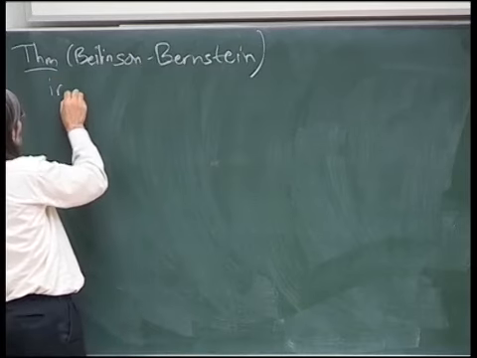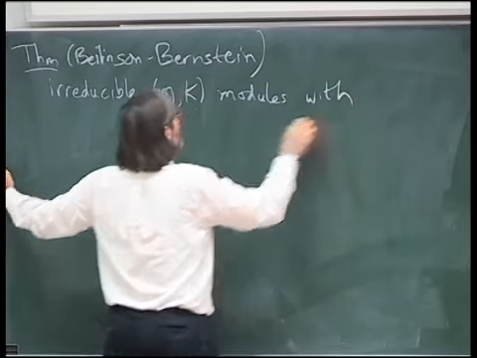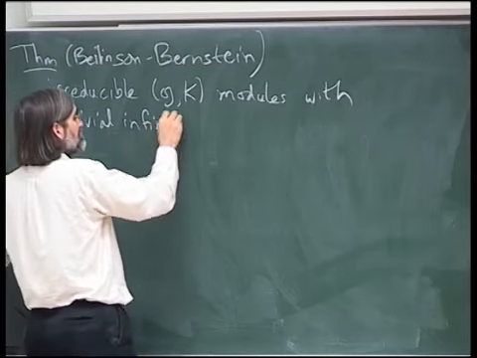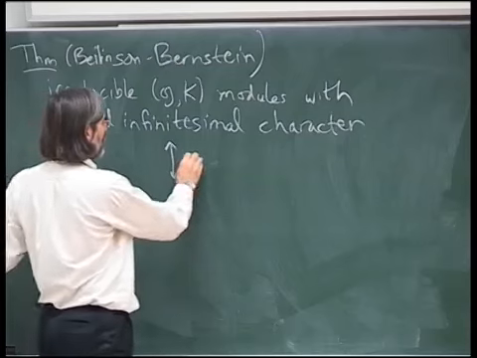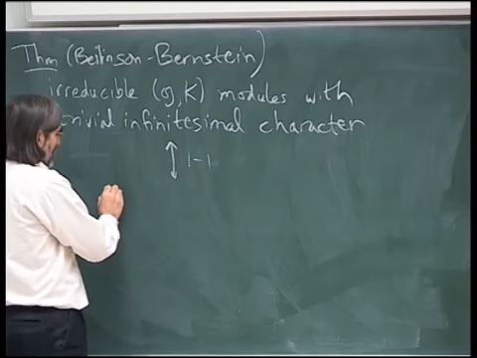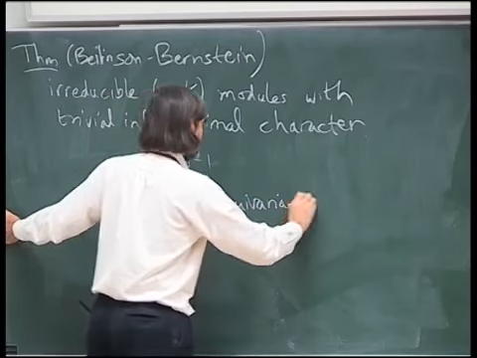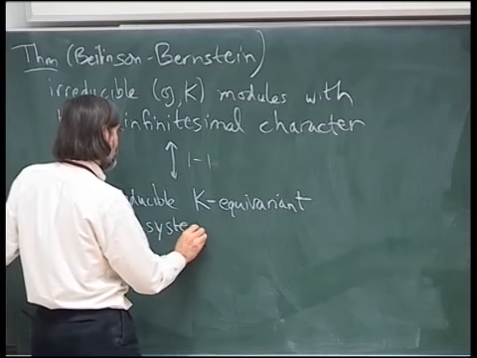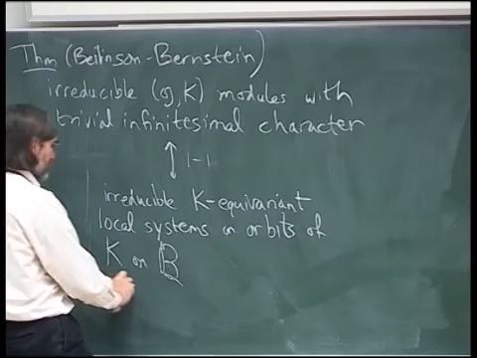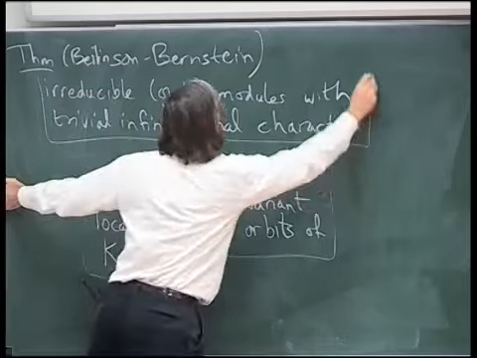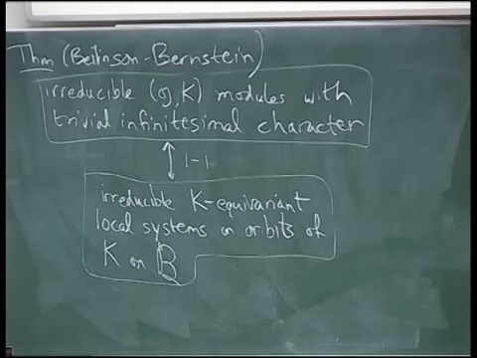It says that the irreducible GK modules with trivial infinitesimal character are in one-to-one correspondence with irreducible K-equivariant local systems on orbits of K on B. So this theorem is not terrifically difficult.